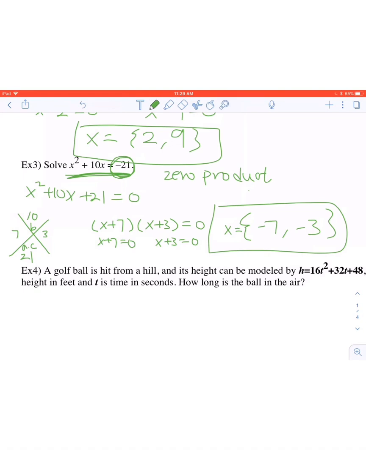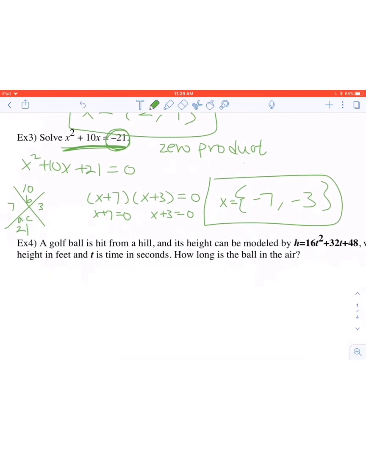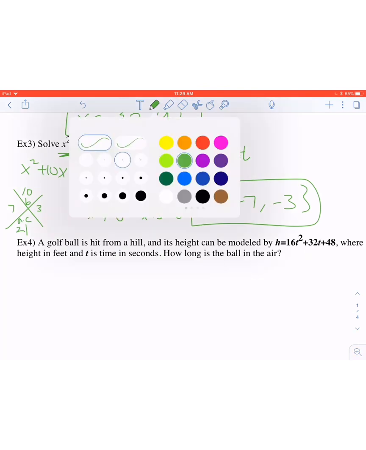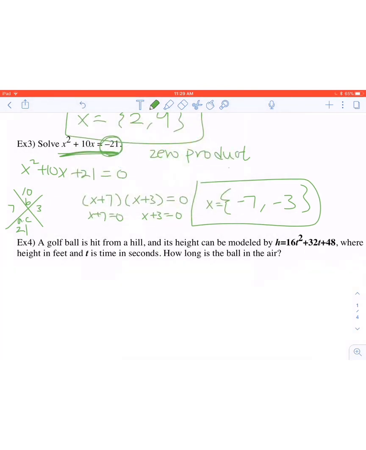Okay, so let's apply the idea to this word problem down here. Before we get started, I'd like you to know that we are going to modify this equation. Okay, we're going to use h is equal to negative 16t squared plus 32t plus 48 instead.